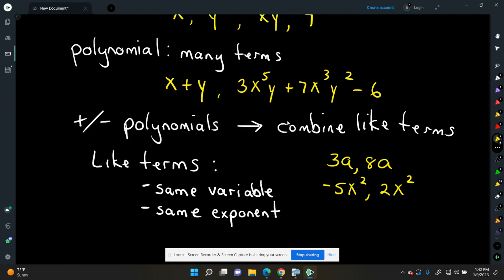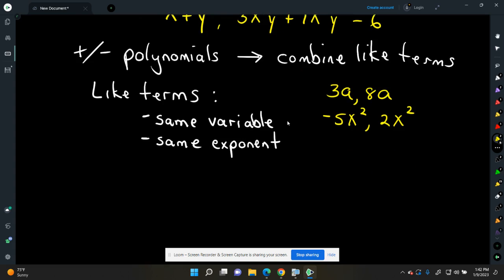We have the same variable and the same exponent. How about 6x to the third and 6x squared? Are they like terms? No. Why not? Different exponent, right, so no.